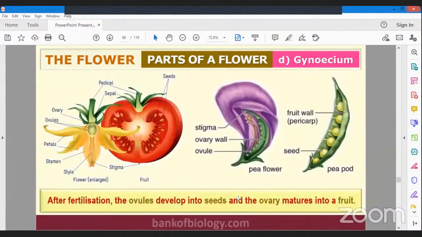Done. So we go to the next part. After fertilization, the ovules will develop into seeds and the ovary will mature into fruit.